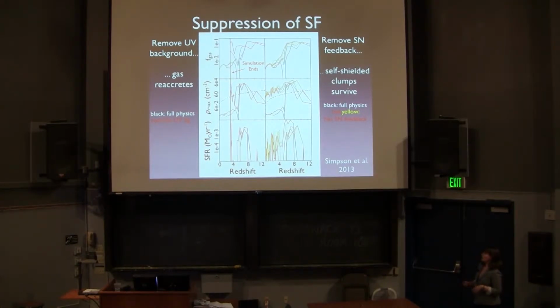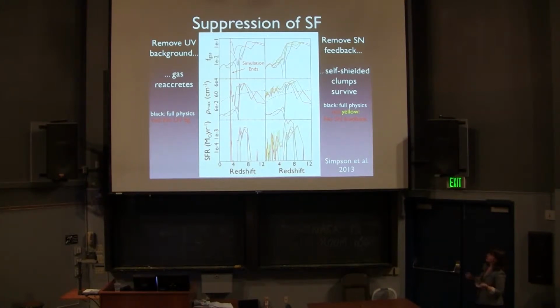So if our full physics models are the black lines, and these are just two massive progenitor halos, if you remove the UV background, the total gas fraction of the halo will dip, but it'll recover, like it'll reaccrete gas. So the supernova feedback will blow out, but it's not sufficient to keep it suppressed.